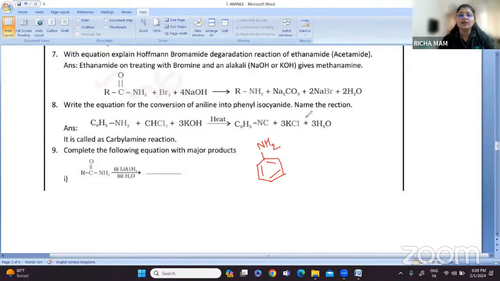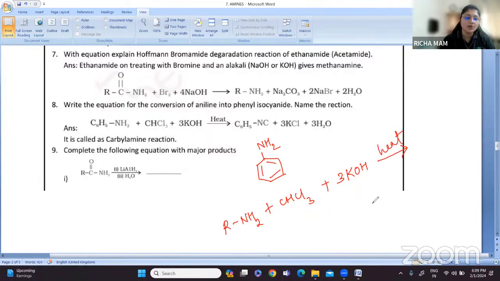The question can be asked directly: explain carbylamine reaction with an example. You can explain the reaction with the equation for amines: RNH2 reacts with chloroform, CHCl3, plus a strong base, alcoholic potassium hydroxide, and you heat this.